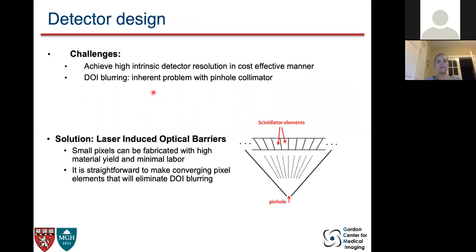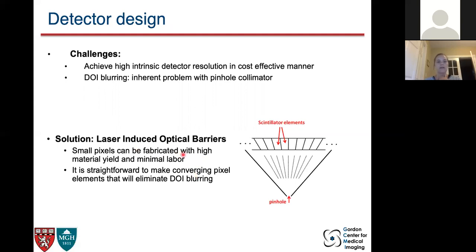Another problem with pinhole collimators is that we get DOI blurring. Similarly to in PET, we can get blurring at the edge of the field of view if we would have normal straight pixels. So the solution to both of these problems can be our laser-induced optical barrier technique, because we can make small pixels with high material yield and minimal labor cost.